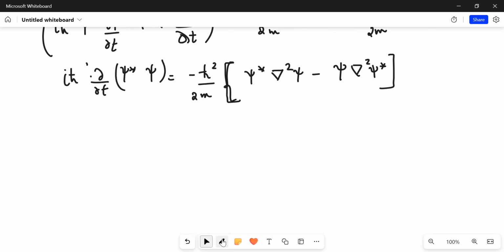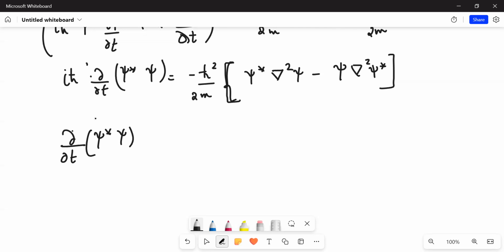So other ways I can write this. I can write in this fashion. I will write it as this. Understand, this is your probability, this is your probability density, sorry.